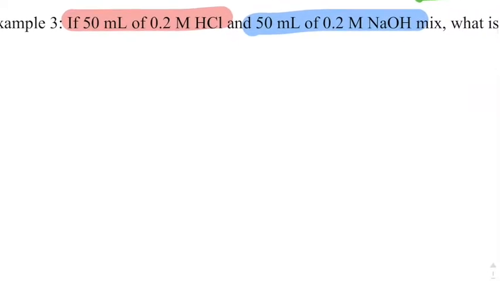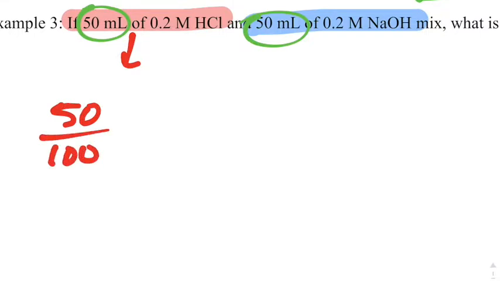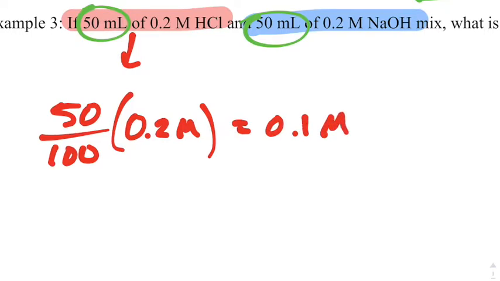Our first one here is going to be the acid. Remember from our previous lesson that when we add these two solutions together, they cross-dilute each other. So my acid is not going to be 0.2 molar, but something less because it's going to be diluted. How much less? It's going to be 50 milliliters added with 50 milliliters, so from my acid's perspective, it's 50 100ths, because the two 50s go together to make 100. It's 50 100ths, or half, of 0.2 molarity, so my acid is going to be 0.1 molarity.